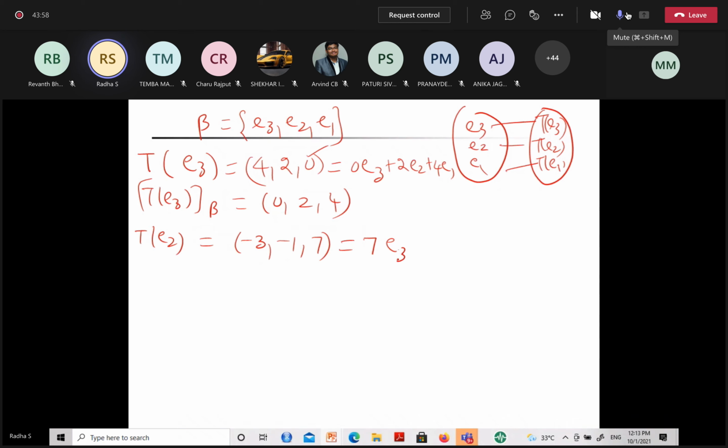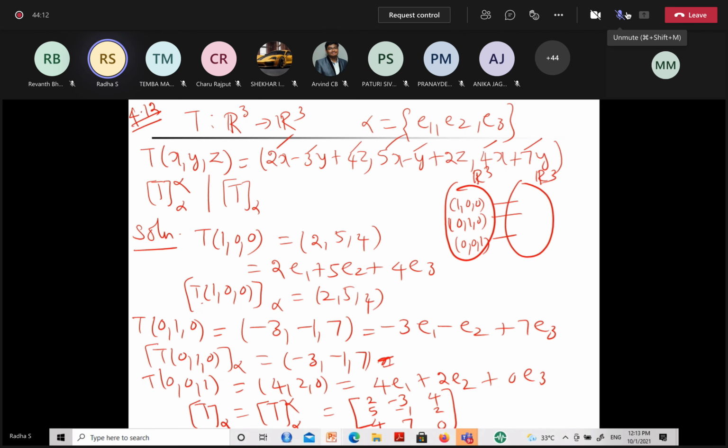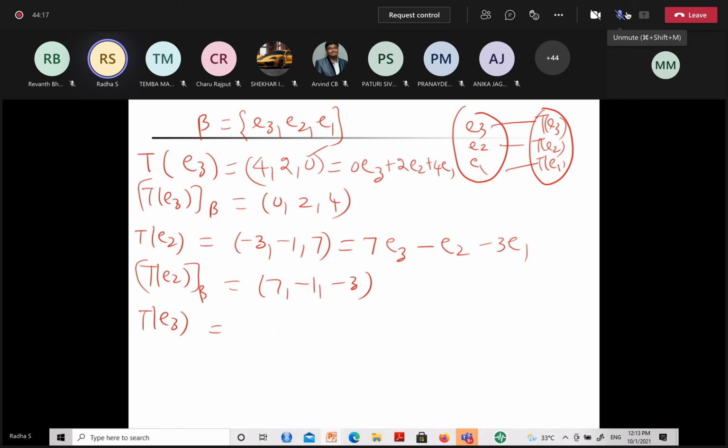The coordinate vector: 7 E3 minus E2 minus 3 E1. And the coordinate vector you said is correct: 7, minus 1, minus 3. Then T of E1 is 2, 5, 4. Oh, I am habituated to writing that.